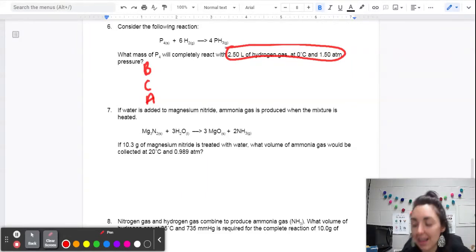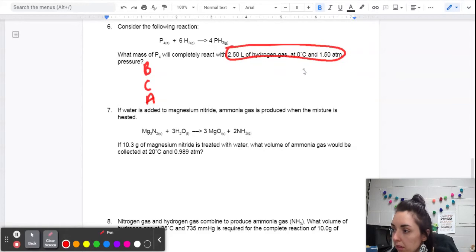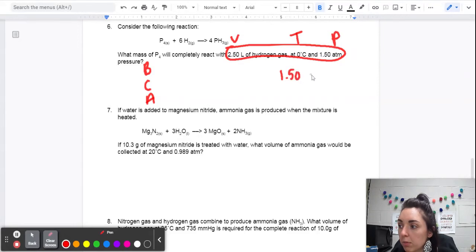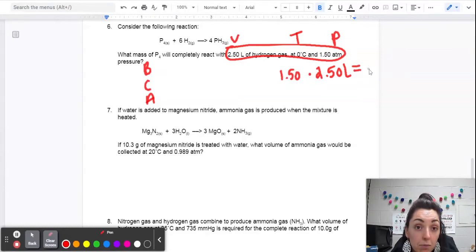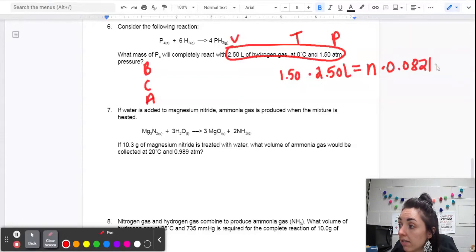So I can use that information to get moles. So 2.5 liters, that's a volume. 0 degrees Celsius, that's a temperature. 1.5 atmospheres, that's a pressure. So I could do 1.5 atmospheres times 2.5 liters equals, I need moles, so n times 0.0821 times, convert to Kelvin, 273 Kelvin.